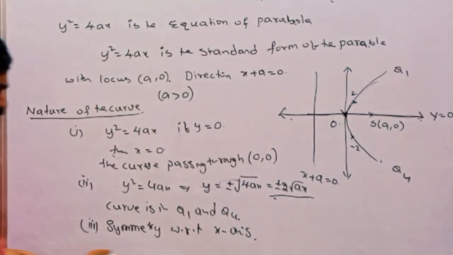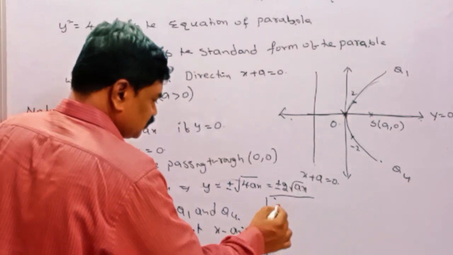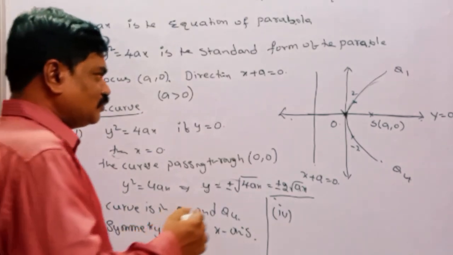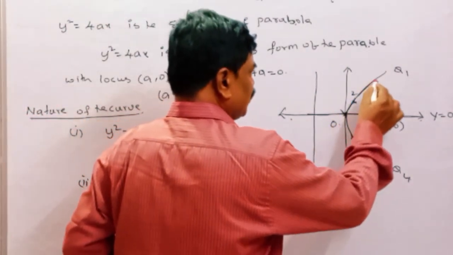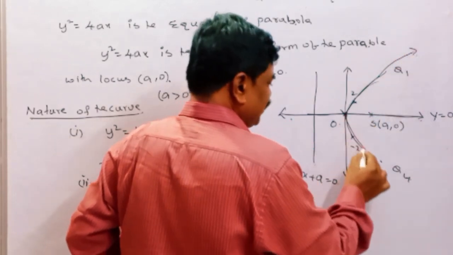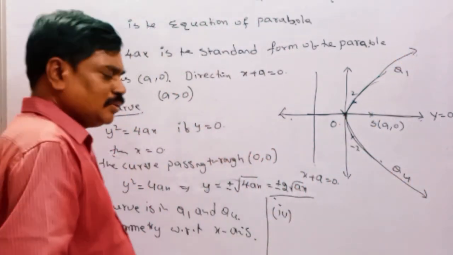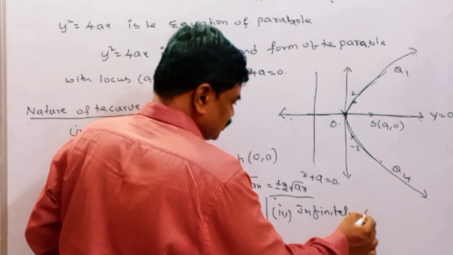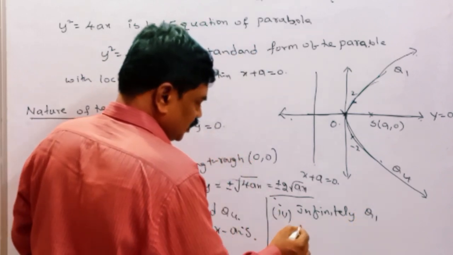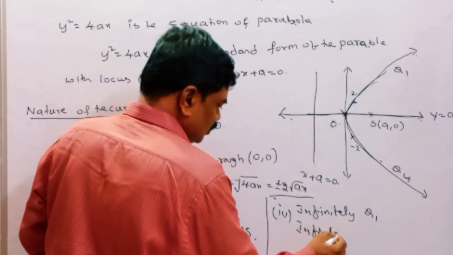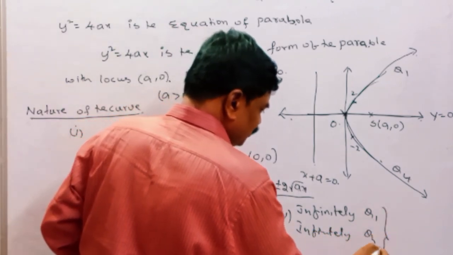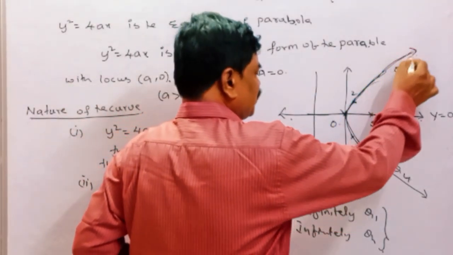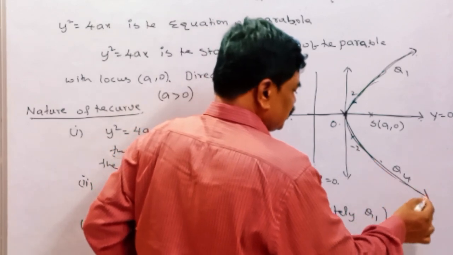Next, the fourth nature of the curve. If you give different values of x, the curve extends infinitely in the first quadrant and infinitely in the fourth quadrant.